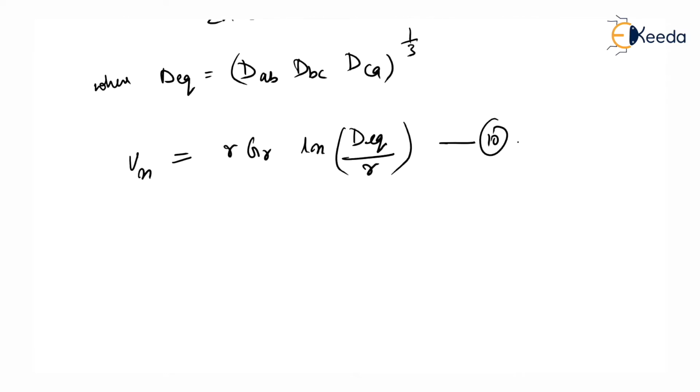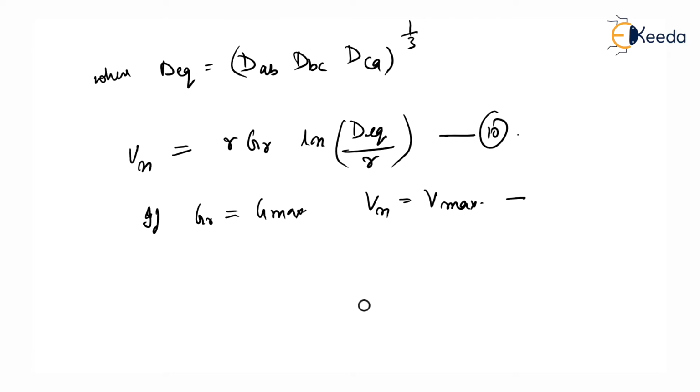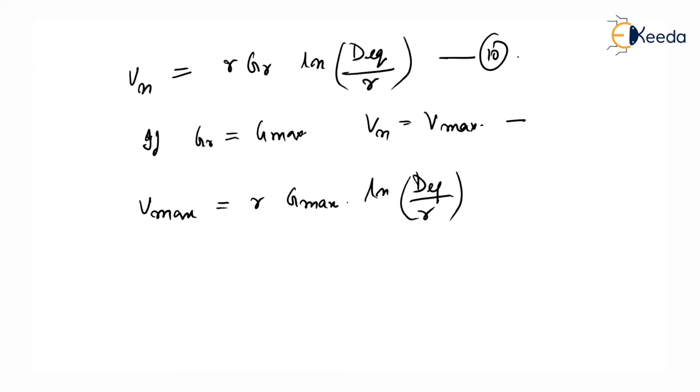So if GR is G maximum and Vn is V maximum, we can write equation 10 as V max equals R into G max log D equivalent by R. This is equation number 11.